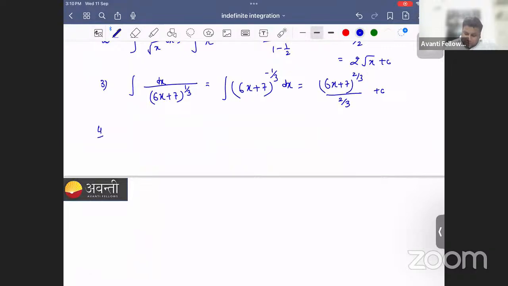Now say you want to integrate dx upon under root of x plus 1 plus under root of x minus 1. Try it for a minute. How do we integrate it?